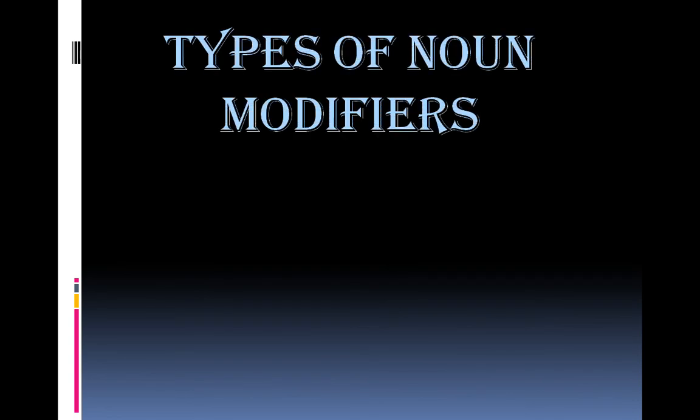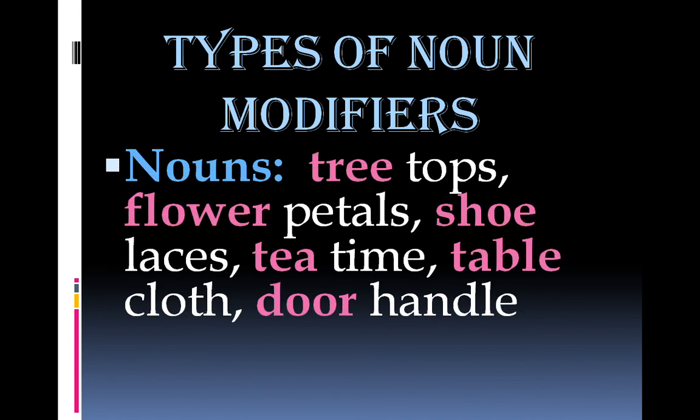The next type of noun modifier is the noun itself. We have already learnt the concept in rules of nouns. They are also called possessive case of noun without apostrophe s. Even if they are possessive case, they are slightly different because there is no apostrophe s. Look at the examples. Tree tops. Tree is modifying tops. Flower petals.